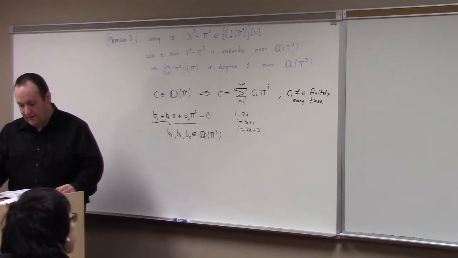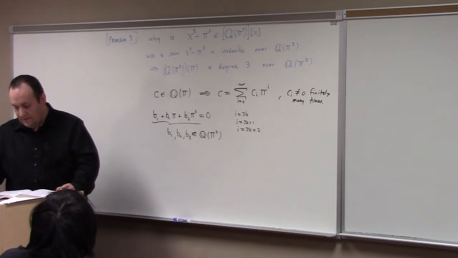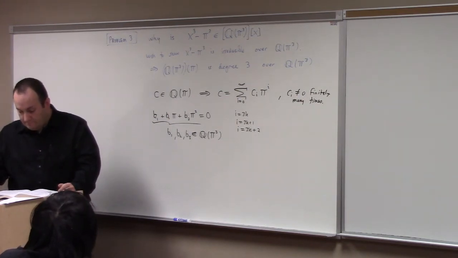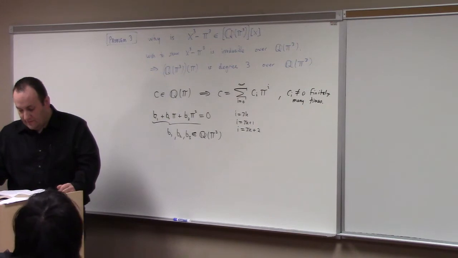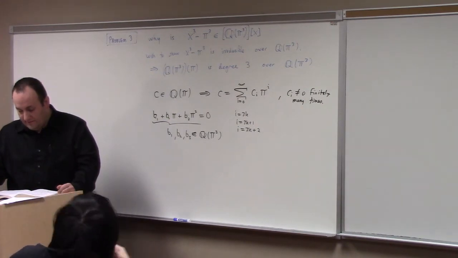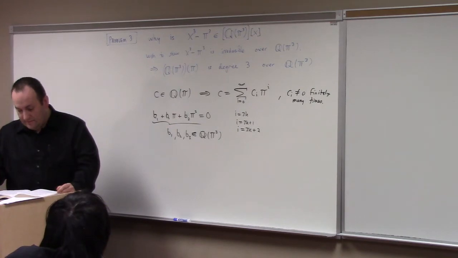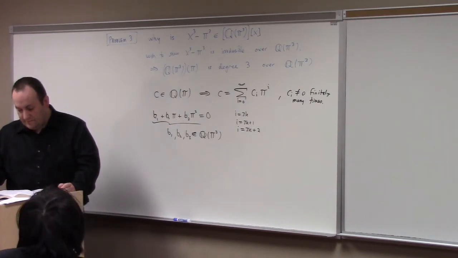Section 14.9 is on transcendental extensions, inseparable extensions, and infinite Galois groups. So a subset A1 through An of E is called algebraically independent over F if there's no polynomial in n variables such that f of A1 through An is 0.